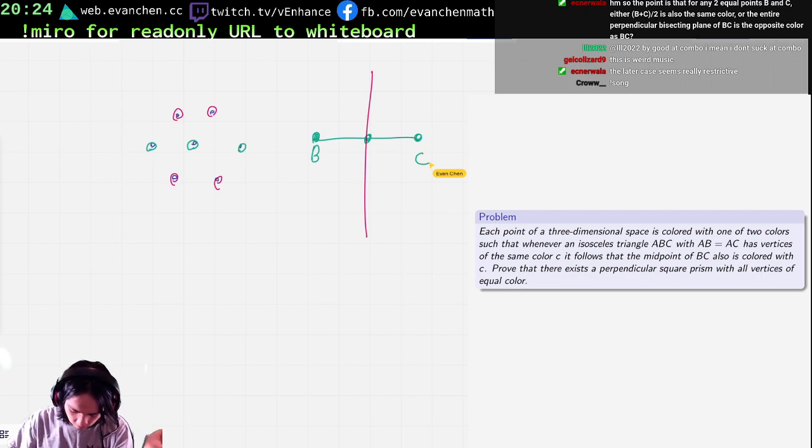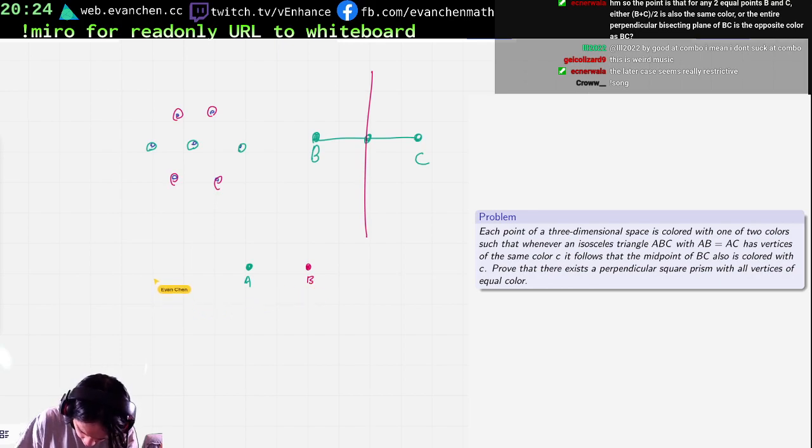So maybe what I can do is I'll start like this. You pick 2 points of opposite colors, just any 2, and then I'm going to consider the reflections. So like this point here, and this point here, and wait, no. What did I want to do with this? If this is green, then this whole thing is red.